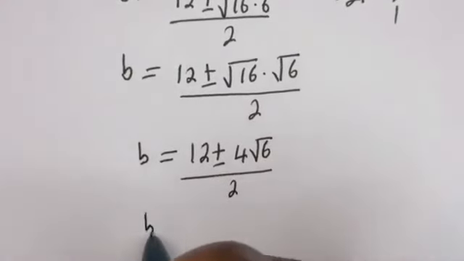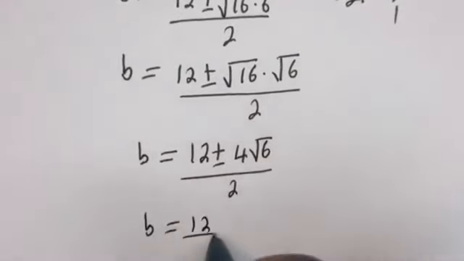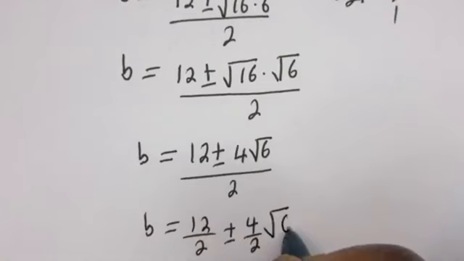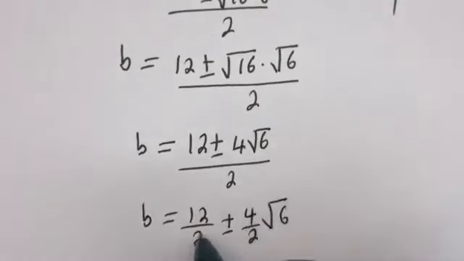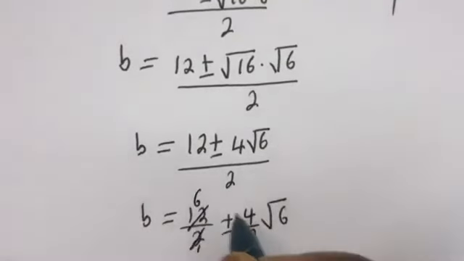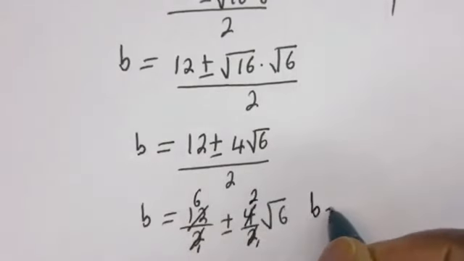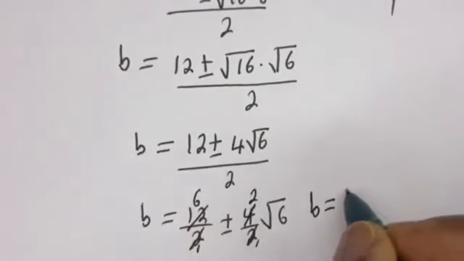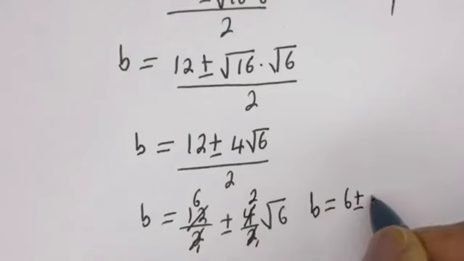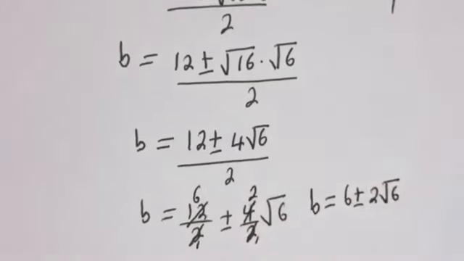Then B is equal to 12 divided by 2 plus or minus 4 divided by 2, root 6. Then B is equal to 6 plus or minus 2 root 6.